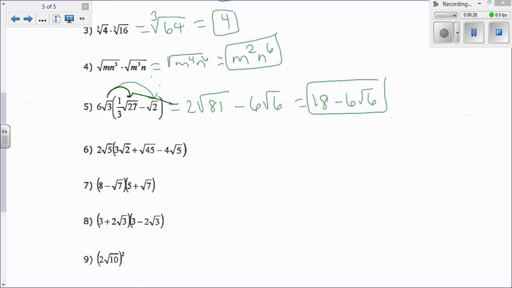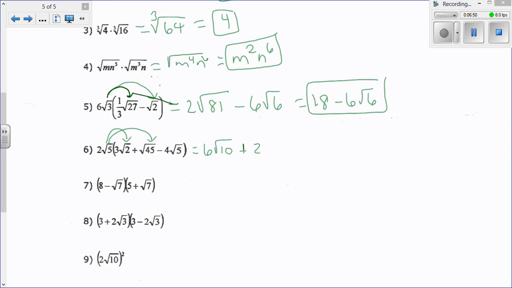For number 6, I need to distribute to 3 different terms. So multiply the outside, so I get 2 times 3 is 6. Multiply the inside, so I get radical 10. Then it's plus, multiply the outsides, 2 times 1 is 2.